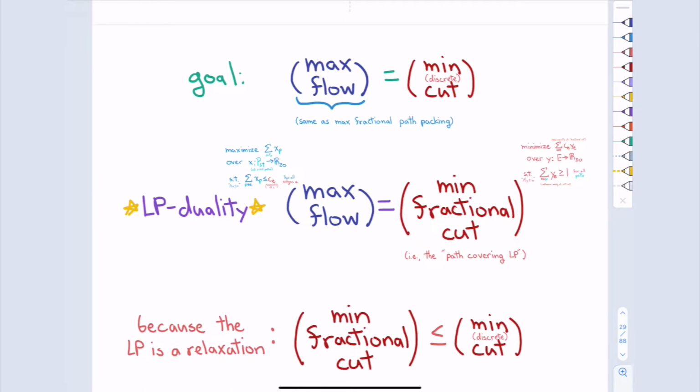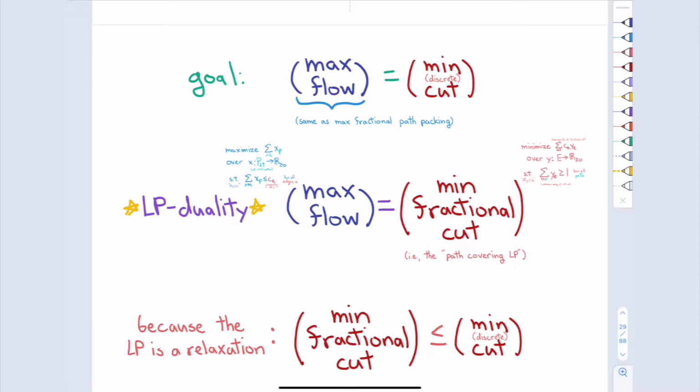I want to show that max flow is equal to min cut, but when I say min cut, I mean minimum discrete cut, a set of edges. LP duality tells us for free that max flow, which is naturally the fractional version of the problem, is equal to the minimum fractional cut, if I'm allowed to take fractional edges.